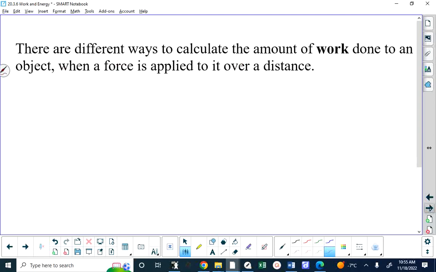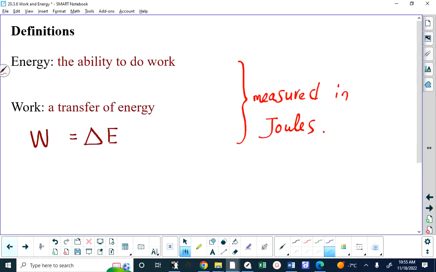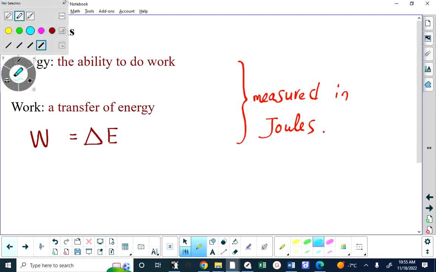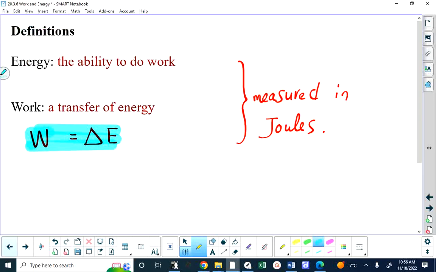There are different ways that we could calculate the amount of work done. One of them I've already alluded to. You can always find the number of joules of work done by just finding the final energy of the system and the initial energy of the system and subtracting them. That would be the work that was done.